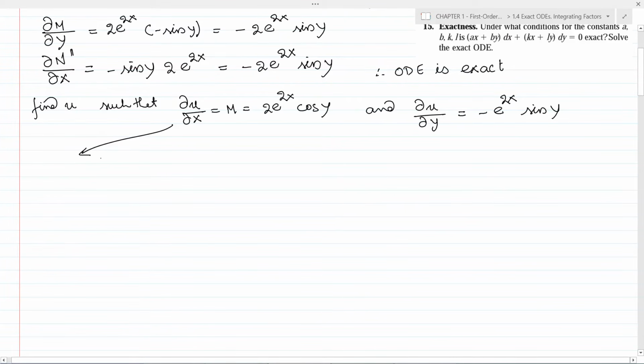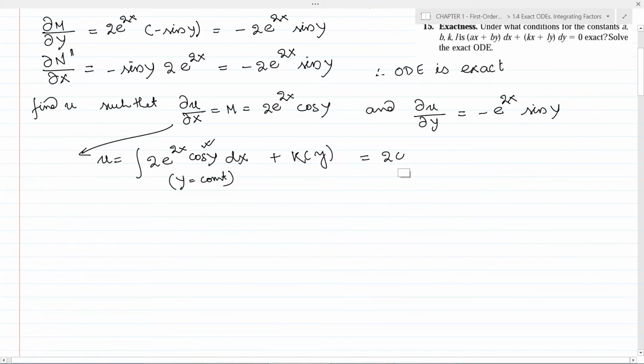From here we can write u equal to the integration of 2 e to the power 2x cos y dx, and for this integration we will take y equal to constant, plus k of y. Which implies, if y equal to constant, this cos y is also a constant.